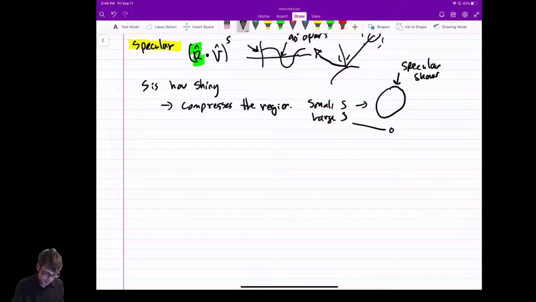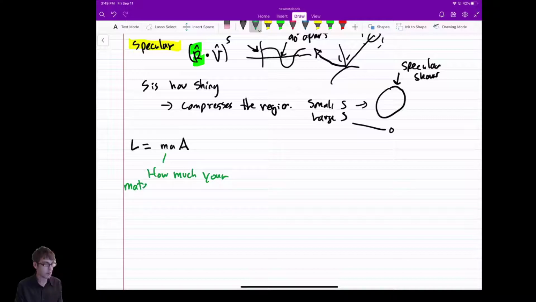So now to put it all together, the light at the point in your surface is ambient light, and you multiply that by MA, where MA is material ambience. How much your material reflects ambient light.